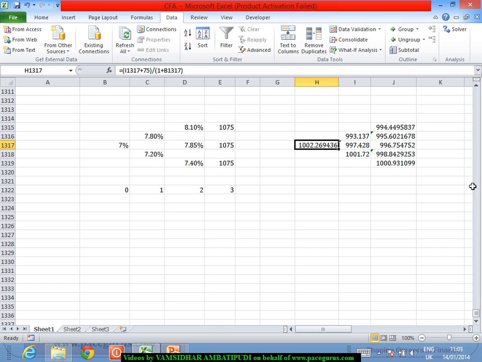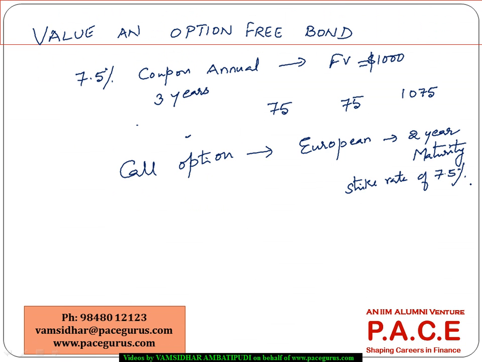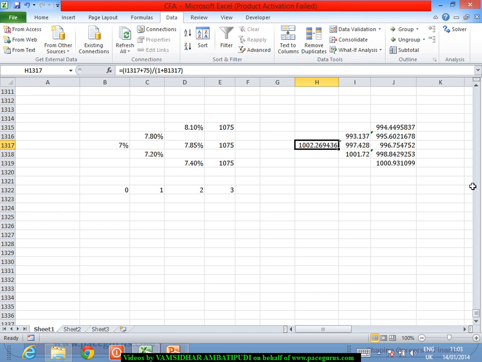But now if I think of a European call option present on the bond for a 2-year maturity period, with a strike rate of 7.5%, the exercise can happen only at this particular point.